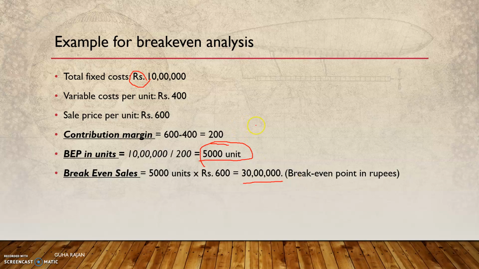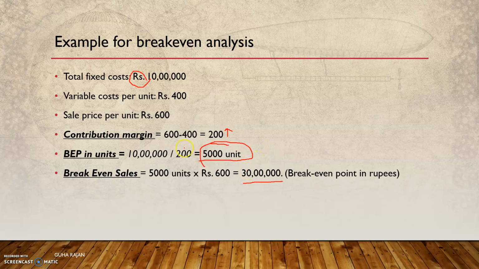And again, the higher the contribution margin, the fewer units you need to sell. If the contribution margin is going to be less, then you need to sell more product.